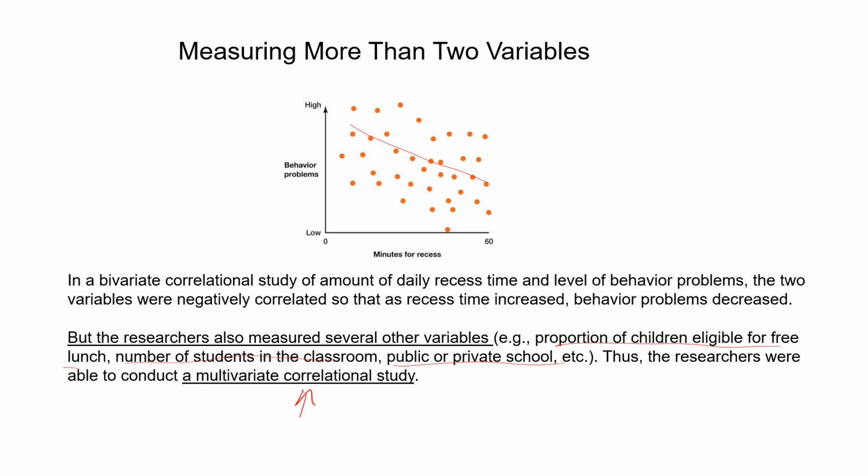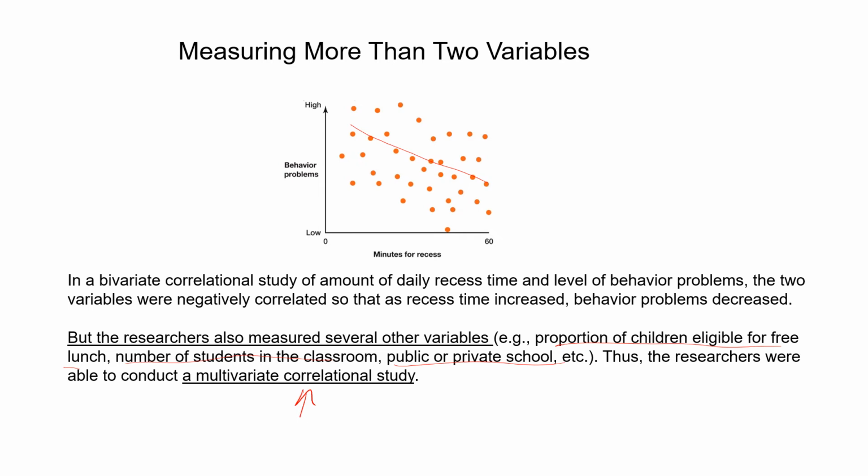The initial argument is that the more recess students have, the fewer behavioral problems they have. The problem is, because it's correlation, we can't say that this is a direct relationship. It could be some other variable.